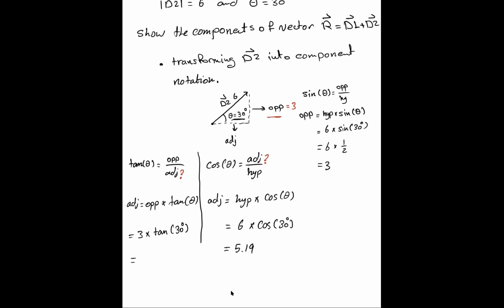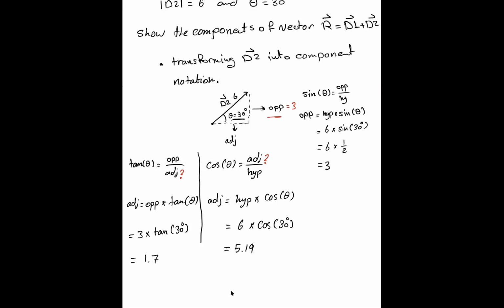Let's see if we could get the same answer with the tangent one. It's 3 times tangent of 30. And here we got a different answer, which is 1.7.